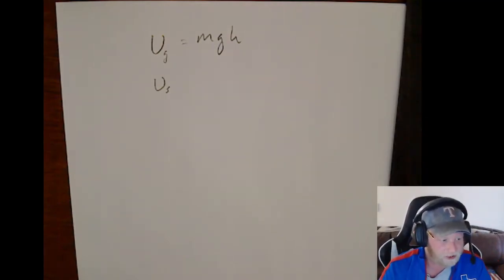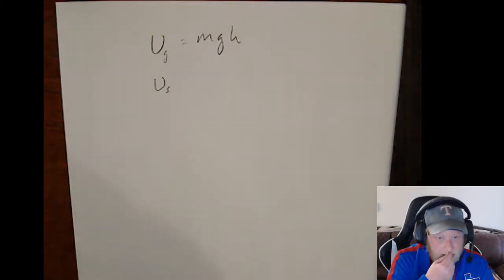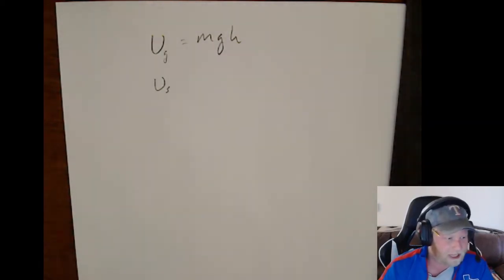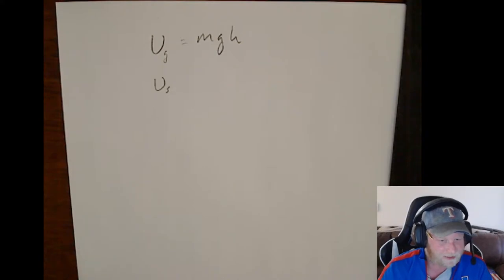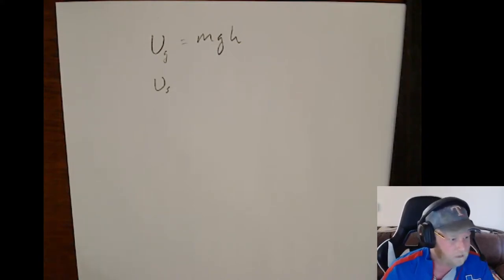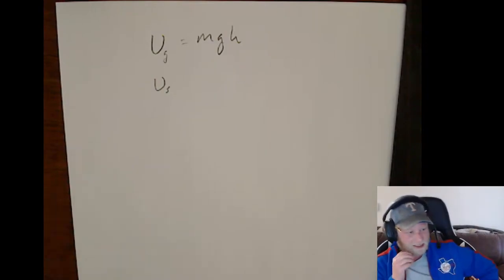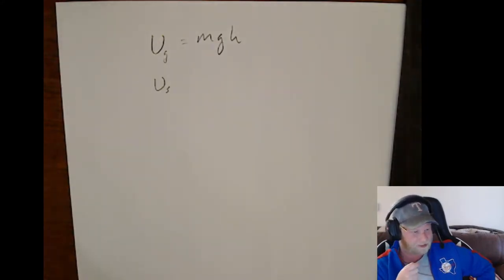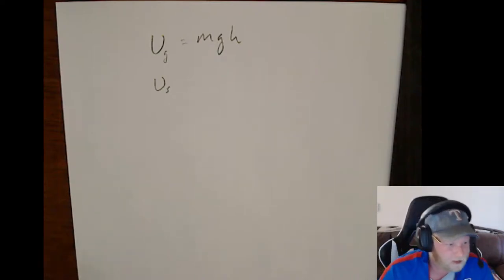Well, it would be the floor, right? But let's say we were doing that same lab inside the class, and rather than dropping it on the floor, we were dropping it on the lab tables. Well, at that point, height equal to zero would best make sense as being the surface of the lab table, right? So where you set height equal to zero is entirely up to you.